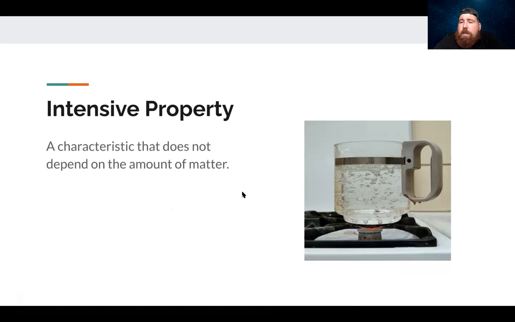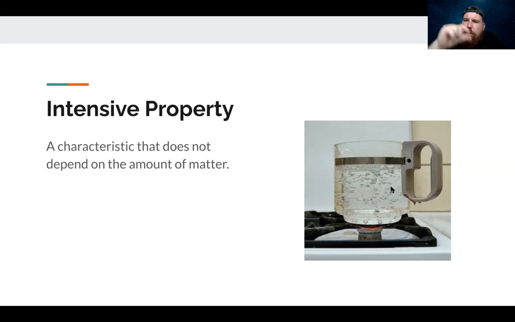An extensive property depends on the amount of stuff that's present, whereas an intensive property does not. Intensive properties are characteristics that do not depend on the amount of stuff present. A great example of this, and I want you guys to see if you can think about it, is: what temperature does water boil at? What temperature does it go from the liquid to gas phase? And if you're thinking 100 degrees Celsius, you'd be correct. This cup of water here is boiling at 100 degrees Celsius. If I had a bathtub full of water, it would boil at 100 degrees Celsius.